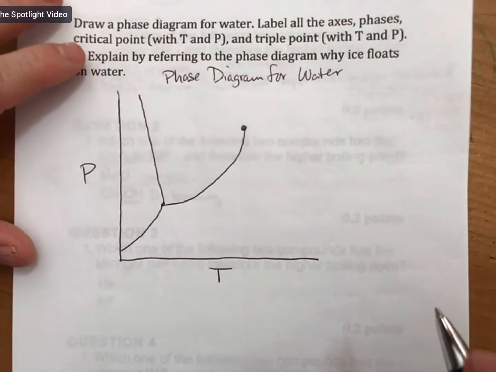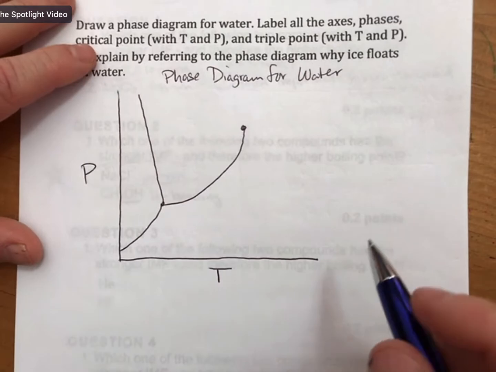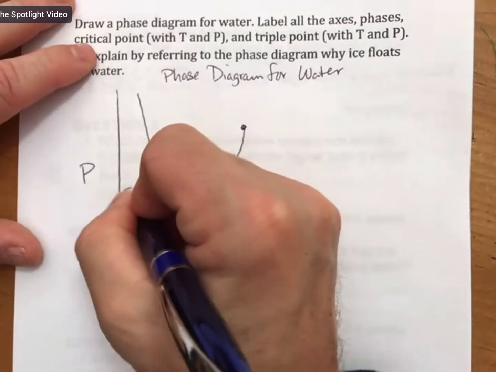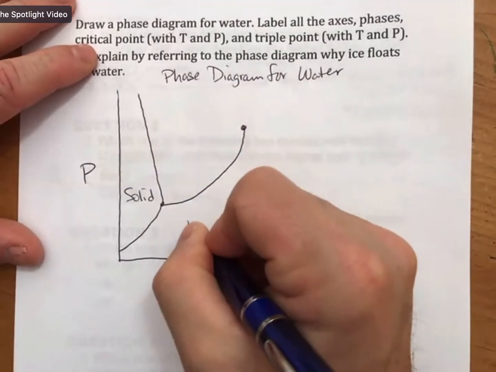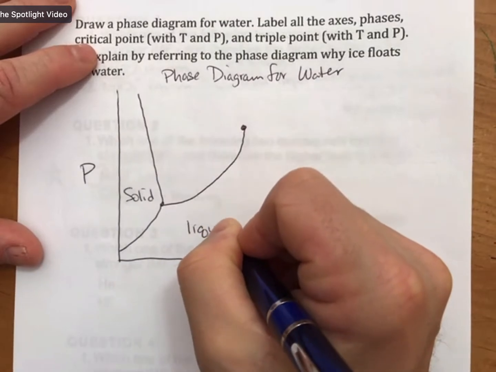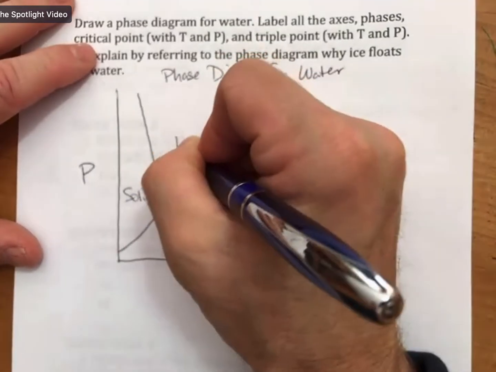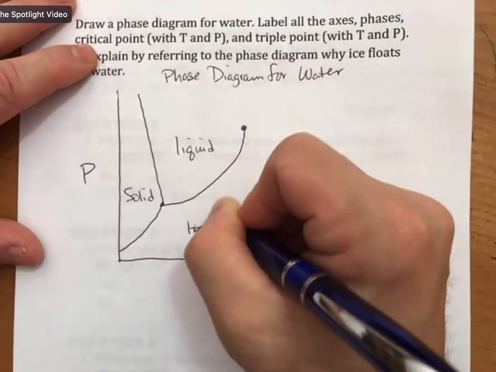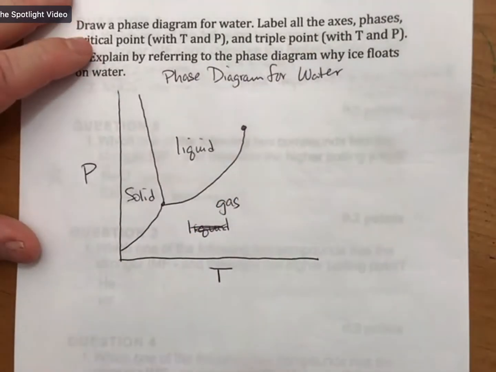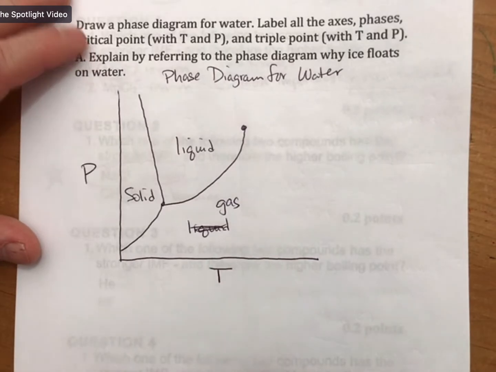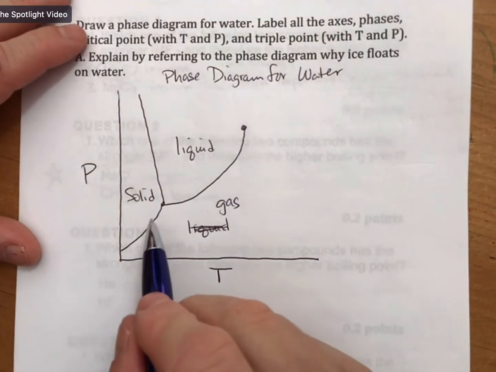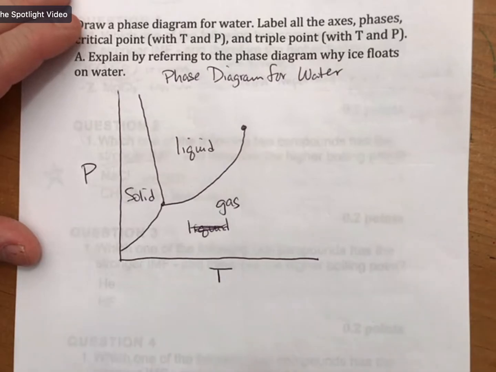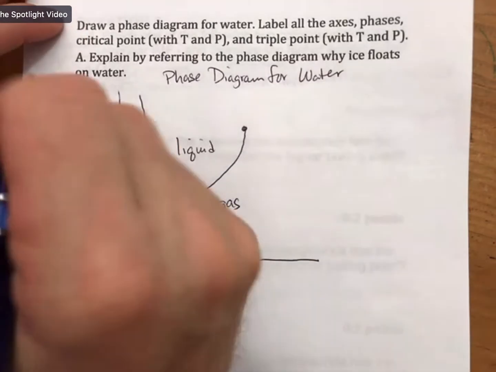And when I say phases, what I mean is we're going to put the solid, liquid, and gas phases on here. And then we're going to have two other points that it asks about.